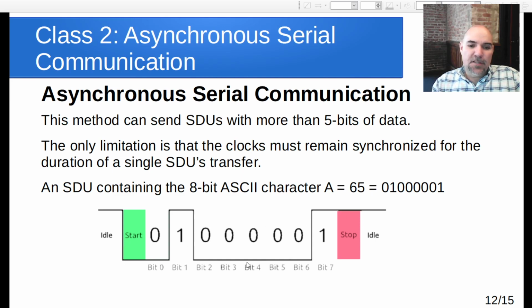And so essentially ASCII capital A looks like 0, 1, 0, 0, 0, 0, 0, 1. And here's 0, 1, 0, 0, 0, 0, 0, 1. Now, since time is going that way, it depends on whether you're sending the most significant bit first or the least significant bit first. I should probably fix that diagram.